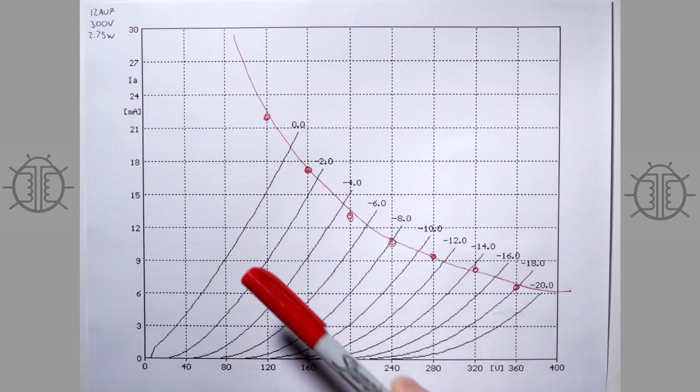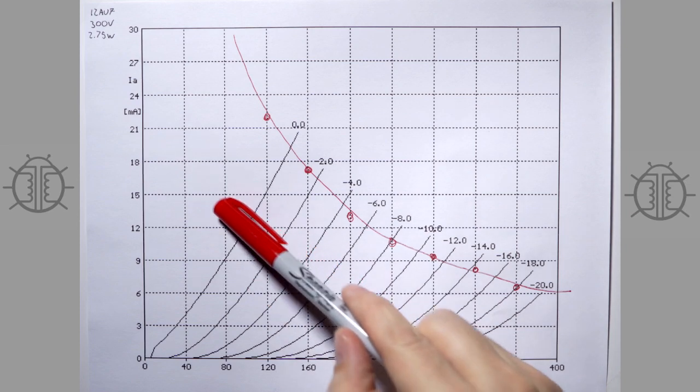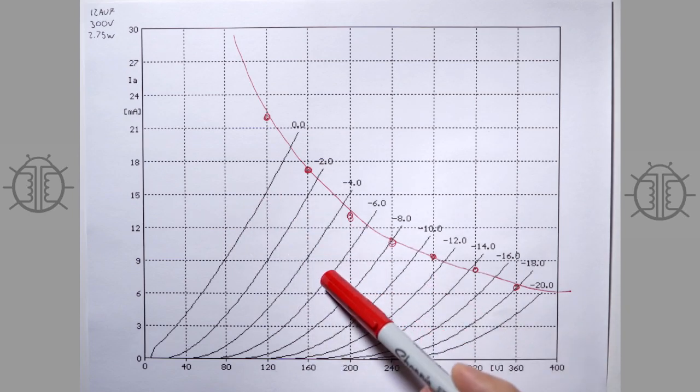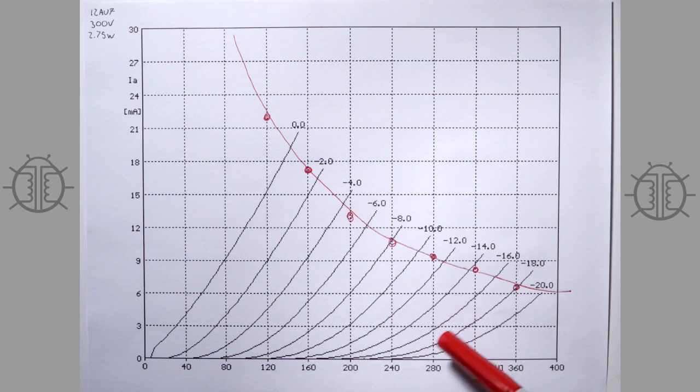You'll also notice that as the tube swings through this area, it doesn't swing equally through the plate voltage as you increase and decrease the grid voltage. That's where the distortion comes from: your output voltage waveform is not going to look like your input voltage waveform for that reason.